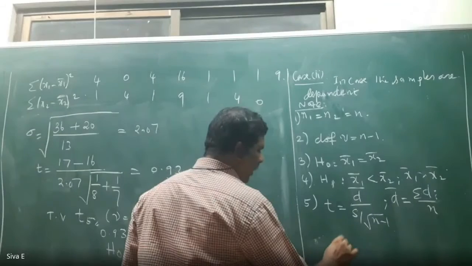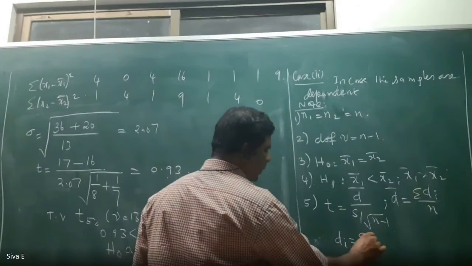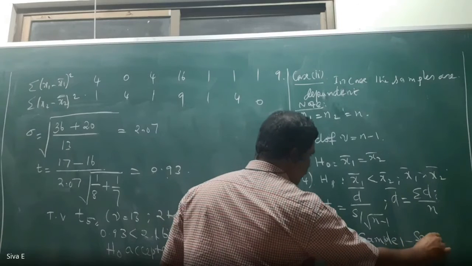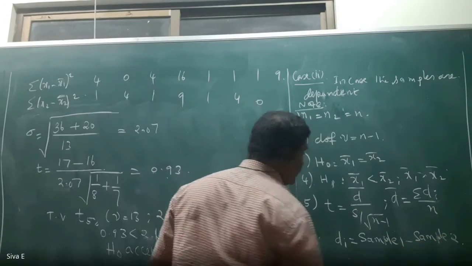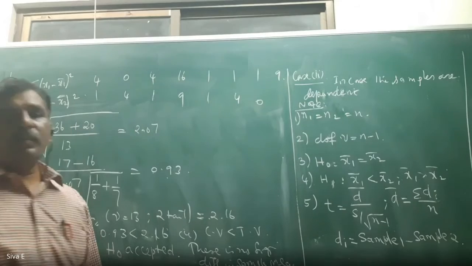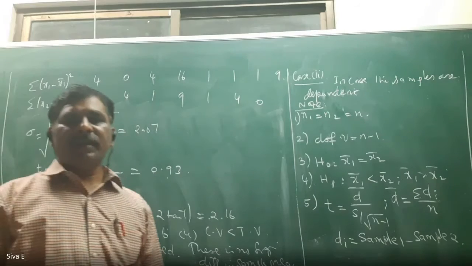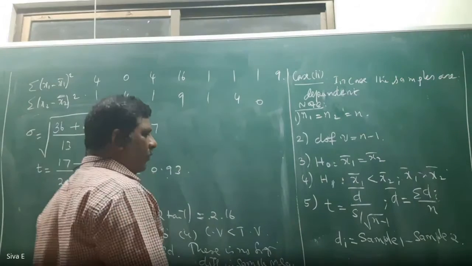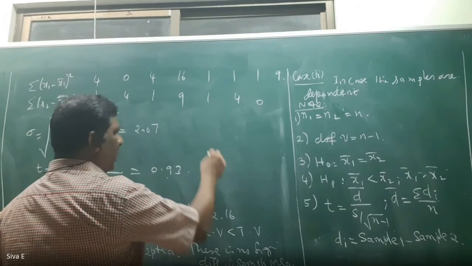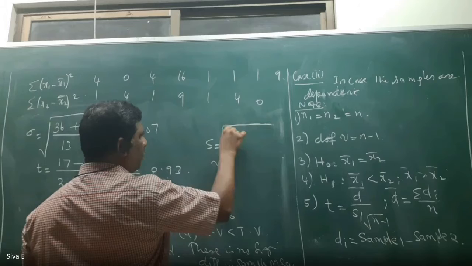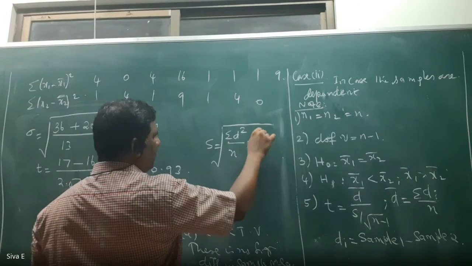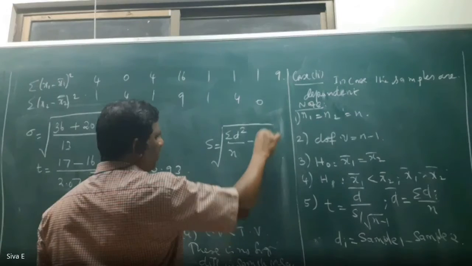What is di? Di means sample 1 value minus sample 2 value, not sample mean. That is D. S value I am writing here: S is square root of summation of D square by n minus summation of D by n whole square.